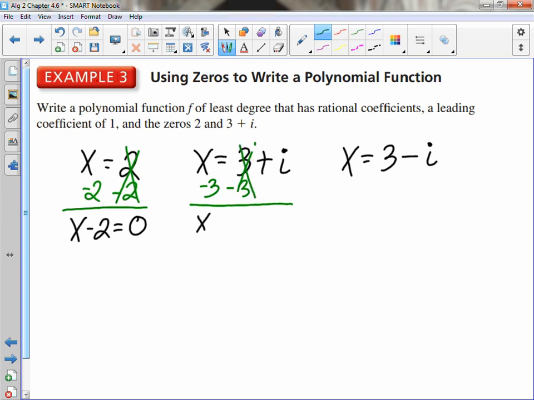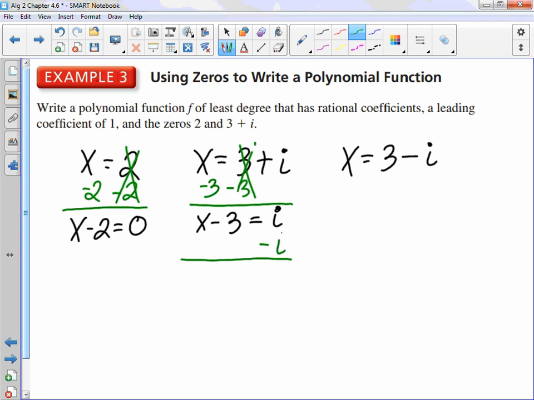So I have x minus 3 is equal to i. And then our next step would be to subtract i to get it officially equal to 0, everything on one side, would be x minus 3 minus i is equal to 0. Any questions on how we did this here?